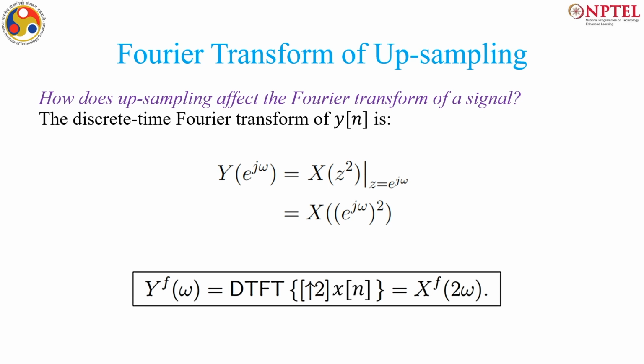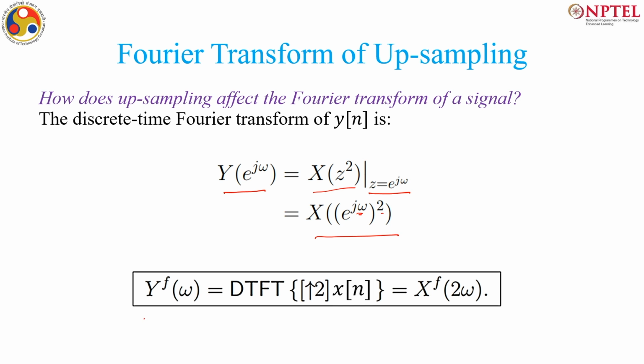So, what will happen to the Fourier transform by upsampling? We know the Fourier transform, or DTFT in this case, is the z transform evaluated at e power j omega, or the unit circle. So, we know that the z transform will be x of z square, and plugging in z equals e power j omega, I get this value, which means that this is nothing but twice omega.